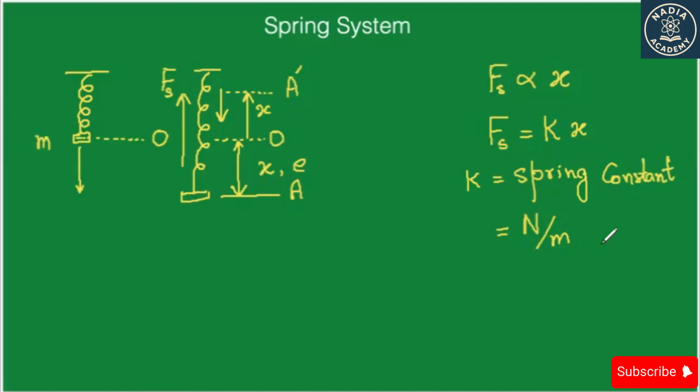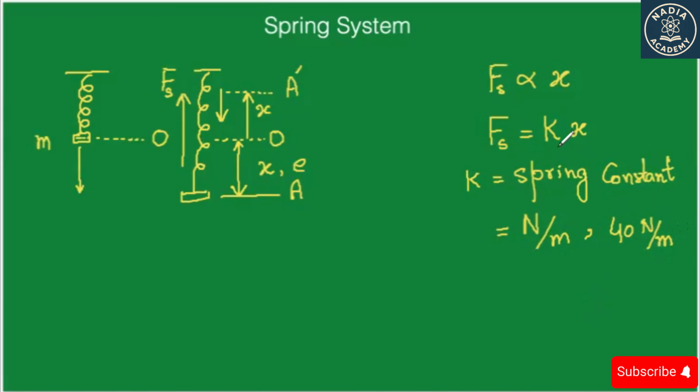So it means that if, for example, we have a spring and its spring constant is 40 newtons per meter, it means you need to apply 40 newtons to give an extension of 1 meter. So this is the meaning of the spring constant.